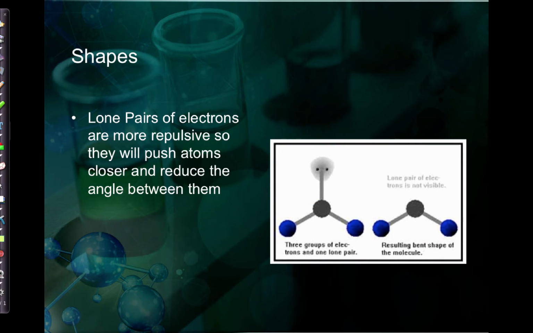All right, so when you have an atom or a molecule, you have two different types of pairs of electrons. You have lone pairs, and you also have bonding pairs. A lone pair will look like this.